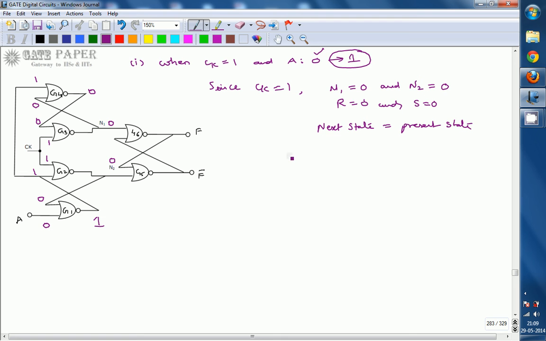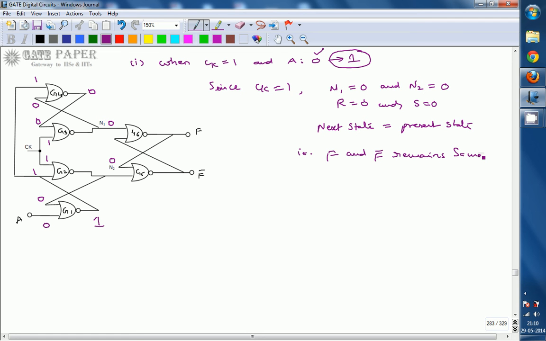That implies F and F bar remain the same. If they are previously 0 1, now also they will be 0 1. If they are previously 1 0, now also they will be 1 0.